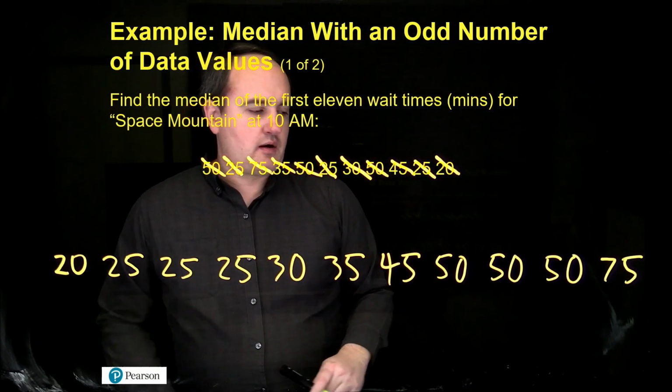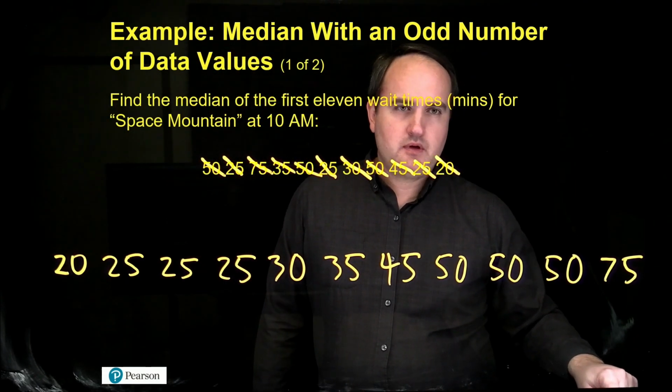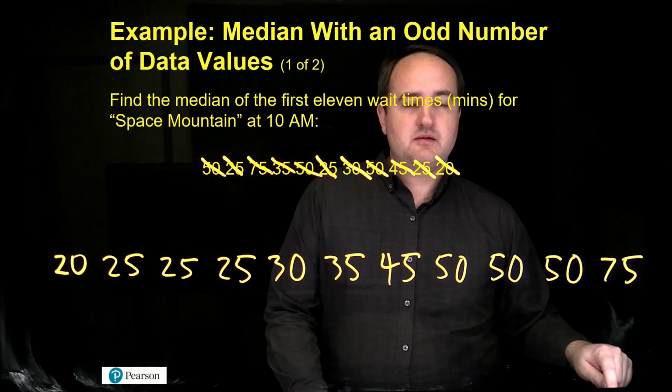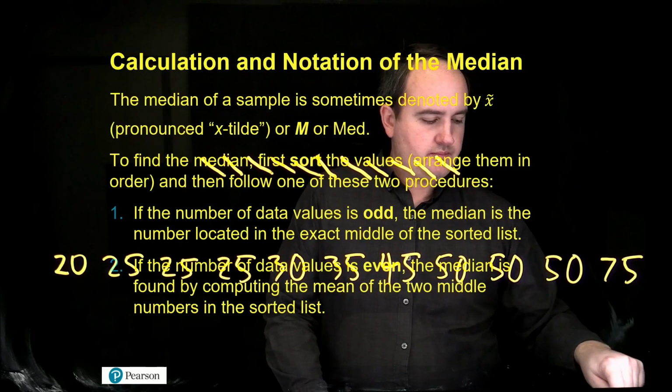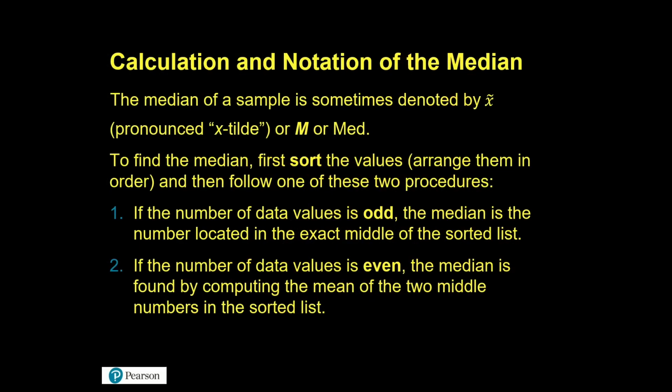And then if there are an odd number of data values, the way you calculate the median is, let me go to this real quick. With an odd number of data values, the median is the number located in the exact middle of the sorted list. That's how they do it in the book.